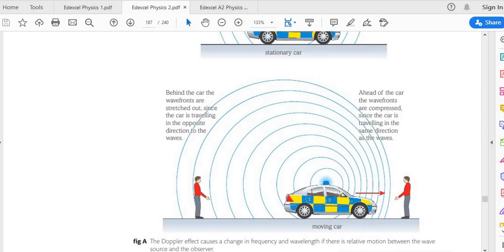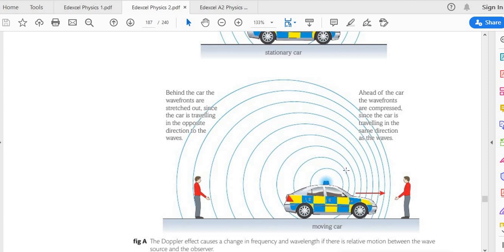Now you can see over here the car is moving towards the observer. So the car is moving towards the observer means the waves are getting squashed. The waves between the car and the observer are getting squashed. That means the frequency is increasing. These circles are the wave fronts. Previously, even in the O-level classes, you all have learned what a wave front is.